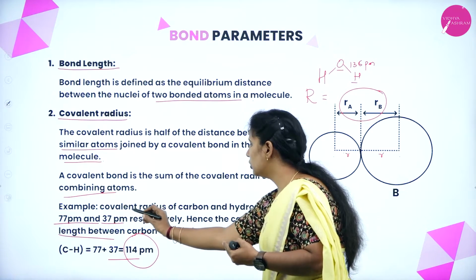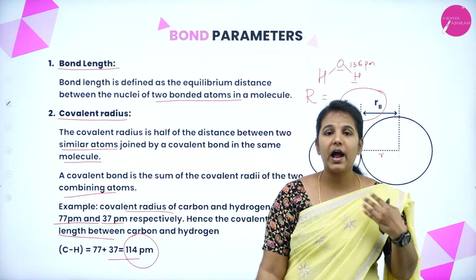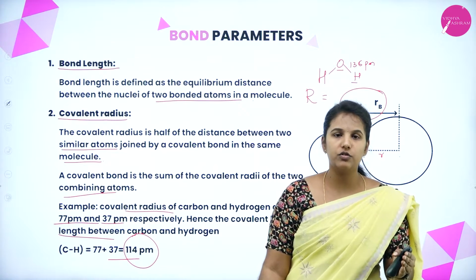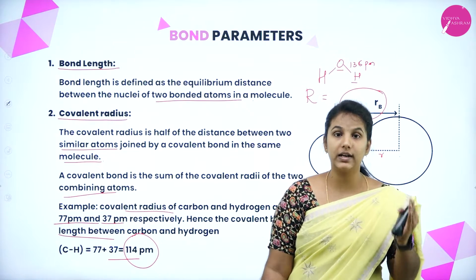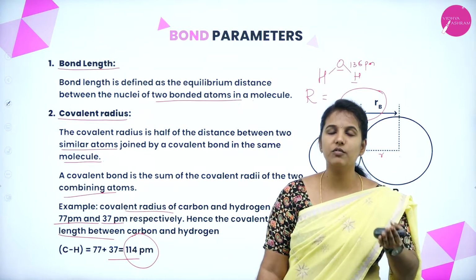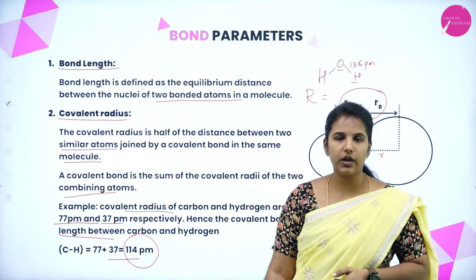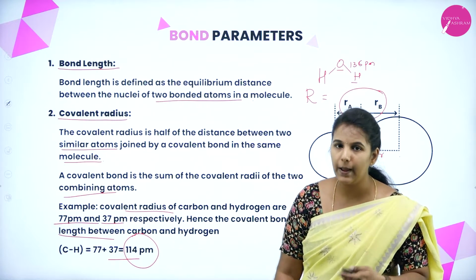By adding the covalent radius of each element. So if you add the covalent radius of hydrogen along with the covalent radius of oxygen or carbon, you will get the covalent bond length of that particular pair. Okay, so this is how the first two parameters are defined and measured.